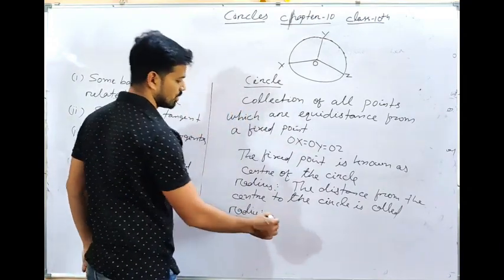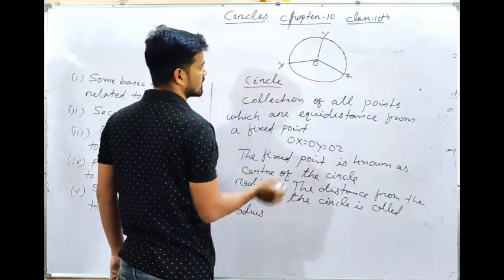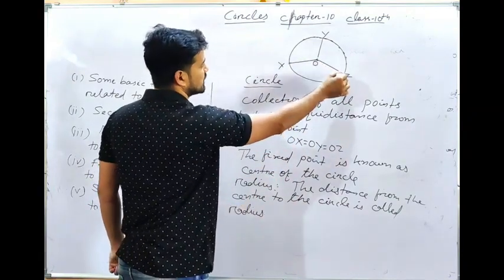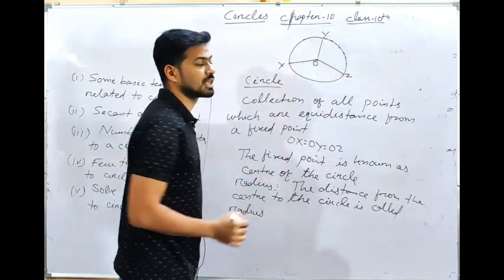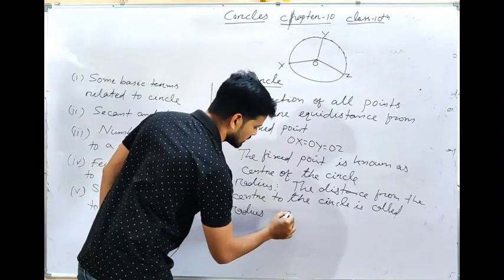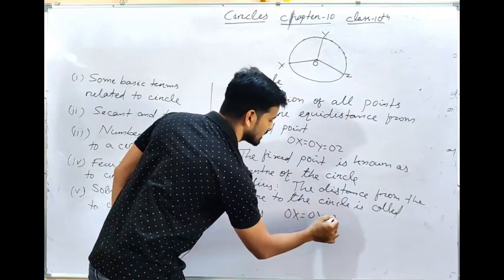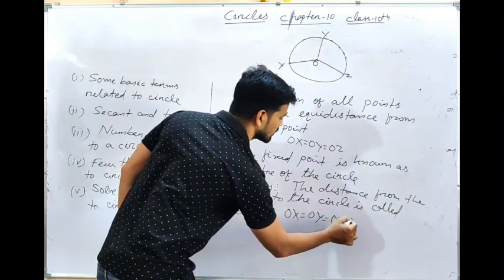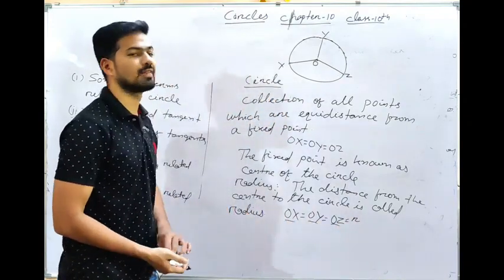Okay. So in this case, OX is the distance from the center to the circle. OZ is also the distance from the center to the circle, and OY is also the distance from the center to the circle. So OX is also radius, OY is also radius, and OZ is also radius, which all three are of same length.